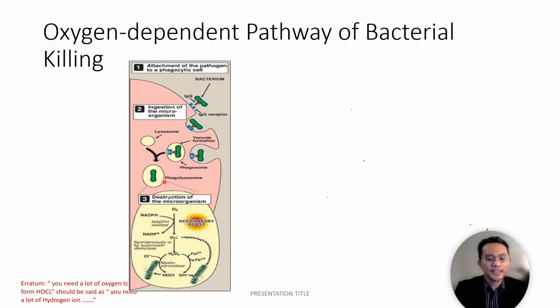Okay, now after this, the molecular oxygen readily available in the surrounding will now be converted into superoxide by the action of this very important enzyme. We call it the NADPH oxidase.